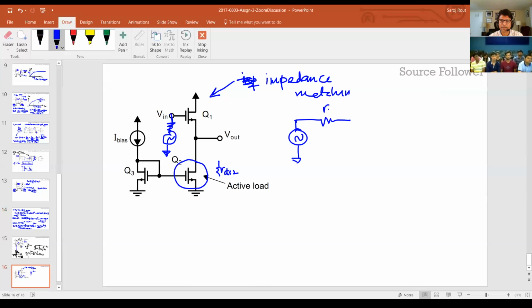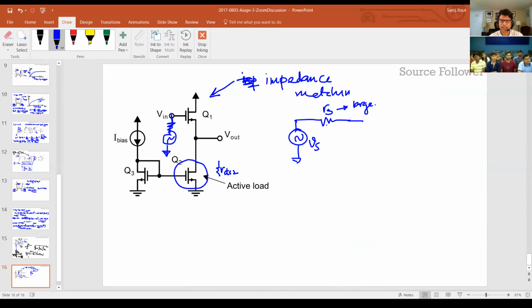I'll just call it RS. So let's say some VS with RS, and this RS is large. Then whatever I'm driving, its impedance should look very low. Otherwise, it will load the source.